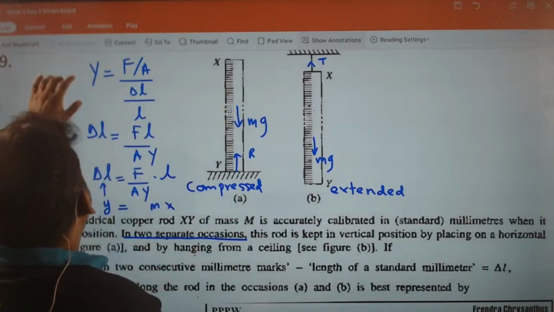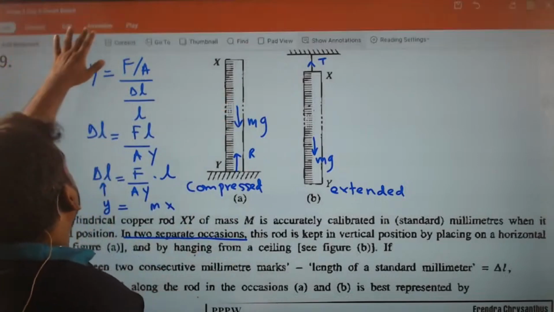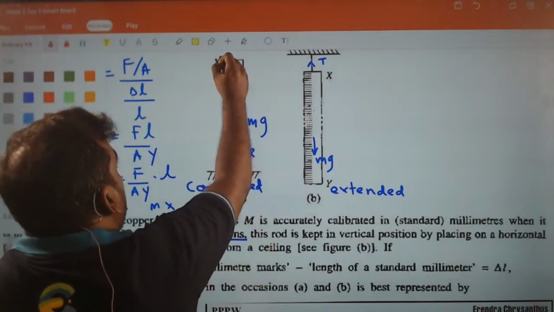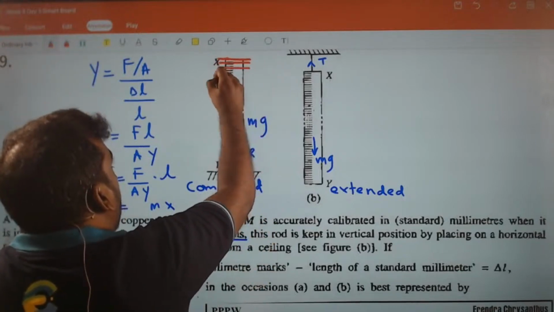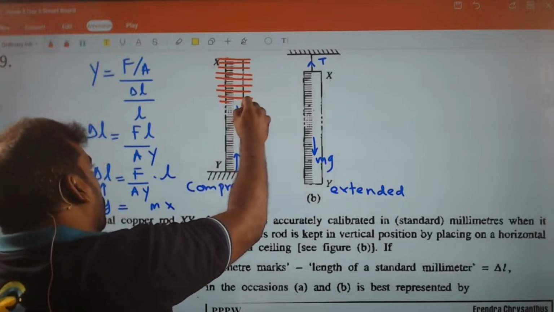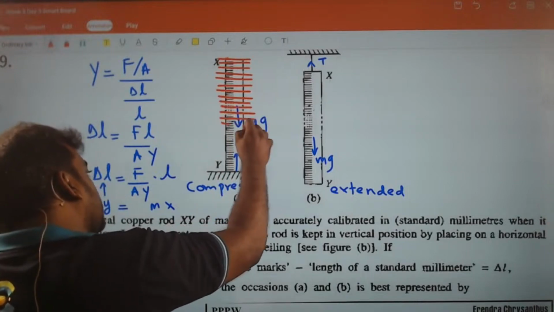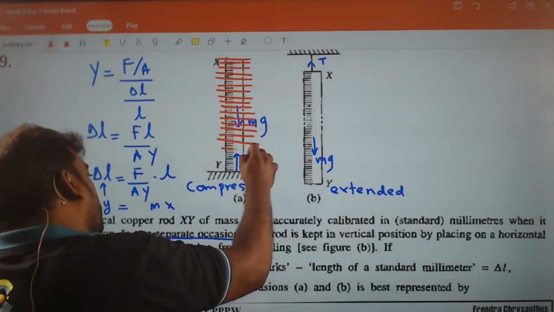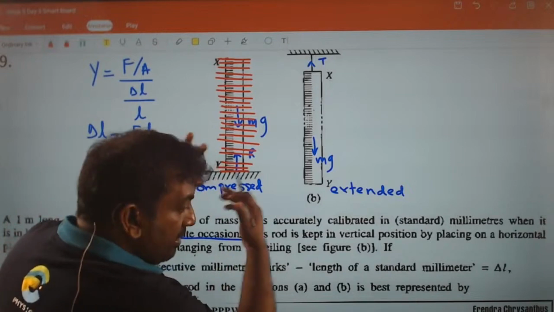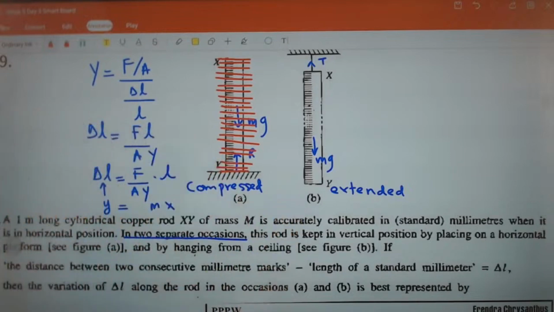If I'm logically thinking this, you can break this into small masses. I'm putting more weight on top of each other. When I put more weight on top of each other, as I keep going downwards, the load increases so much, this will compress even more. Clear? It will compress even more.